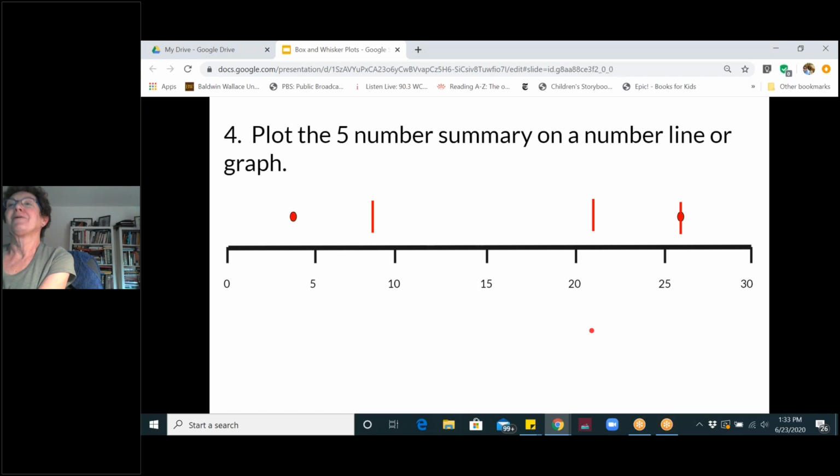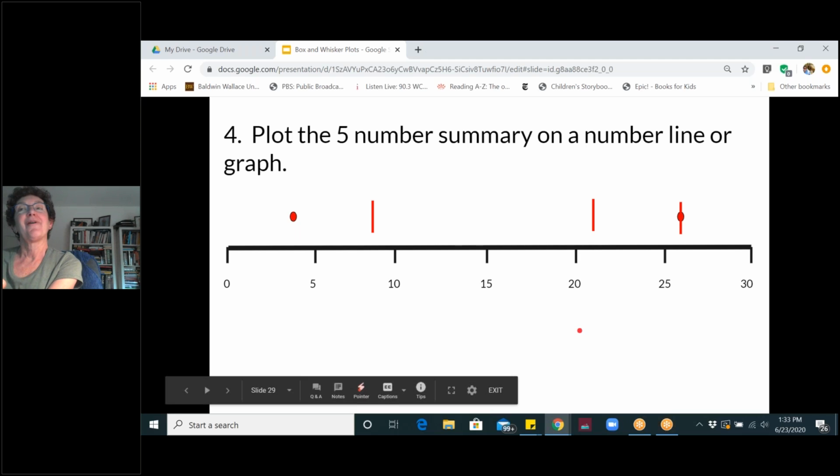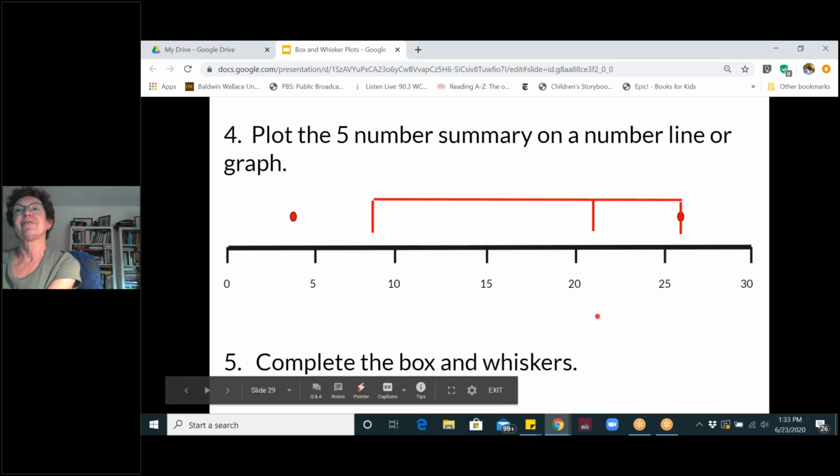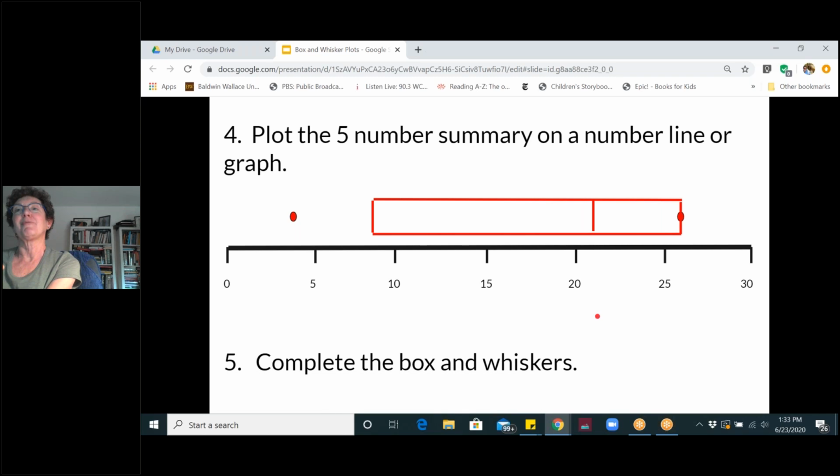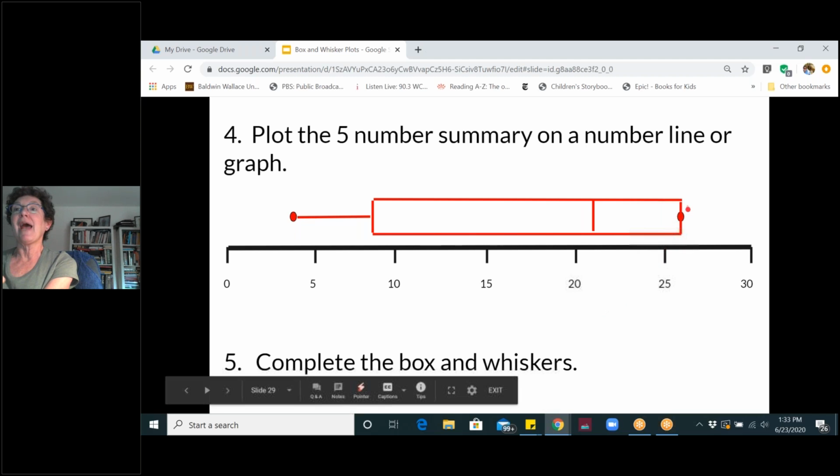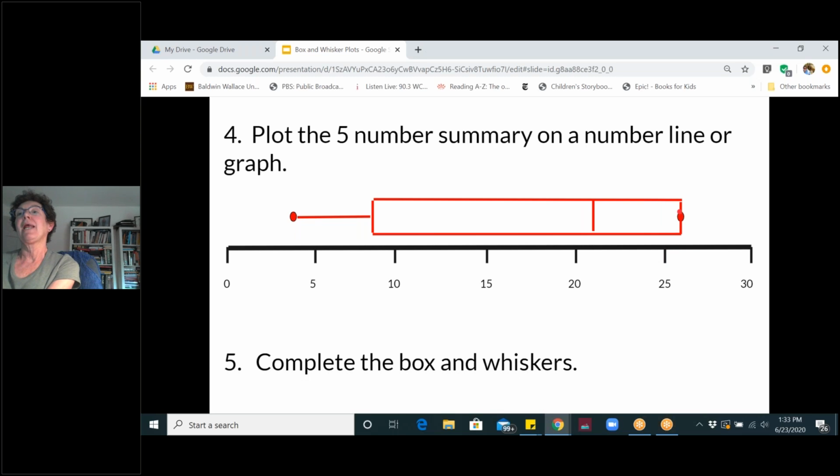So, what happens then? Well, all we do is complete our box and whiskers. That means that we put on the top of our box, the bottom of our box, and our left whisker, because we don't have a right whisker over here. It's sitting right on the top. We've already seen that our data is clumping up here around that 26, which is the maximum.